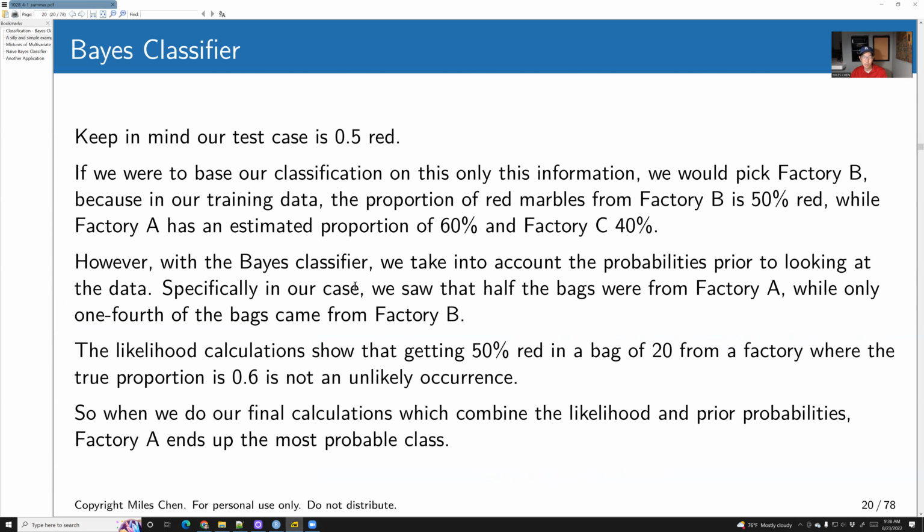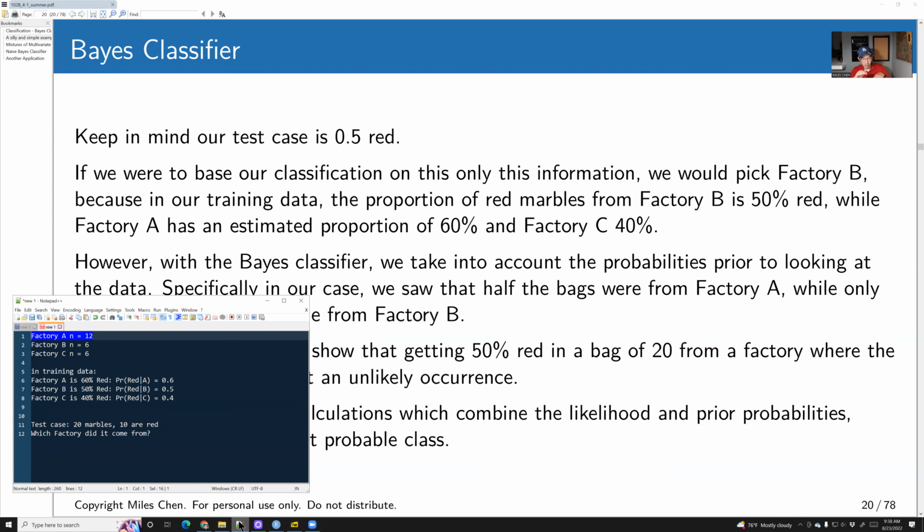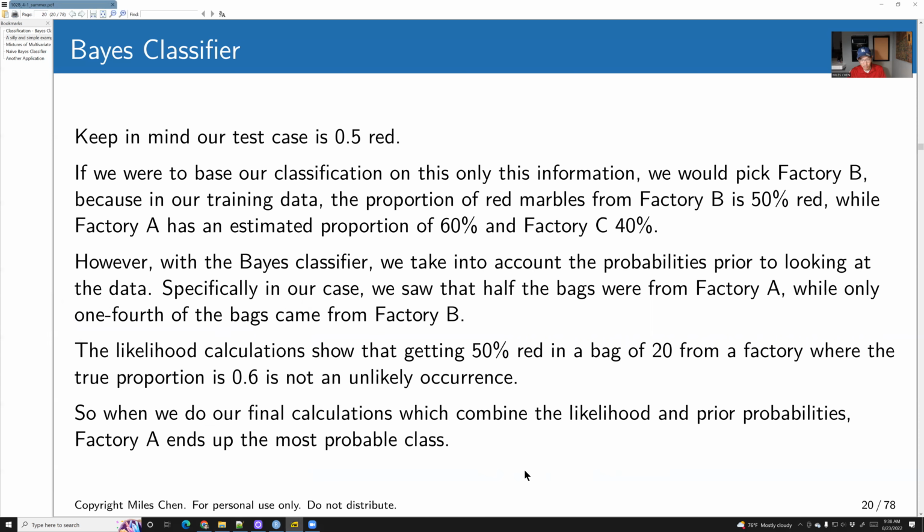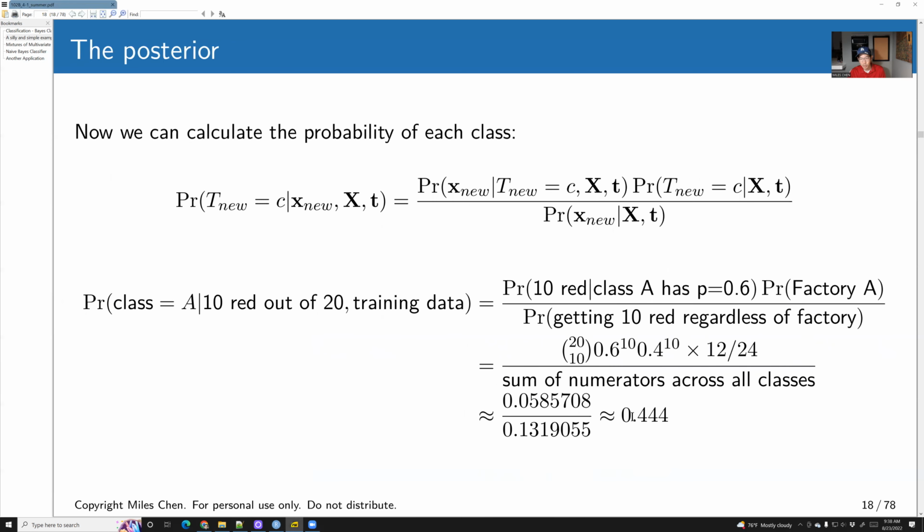In this case, half the bags come from factory A and only a quarter come from factory B. After we take both competing things into account, factory A has the highest probability, around 0.44.